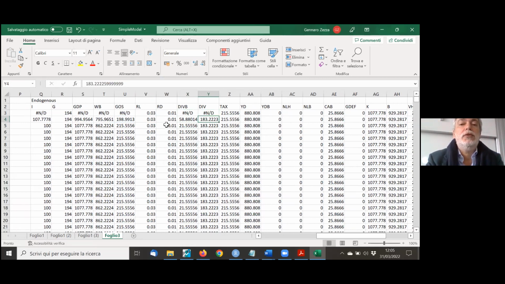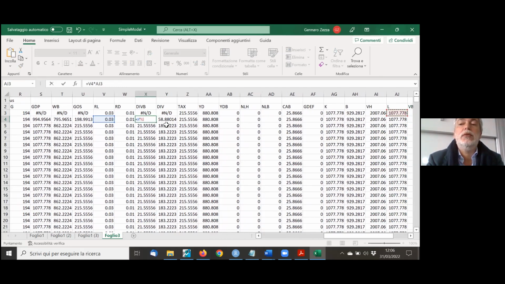And so on. So these were the dividends of firms. So I don't want them to be here, I want them to be here. The dividends of banks are equal to the interest rate on loans times the opening stock of loans minus the interest rate on deposits times the opening stock of deposits.